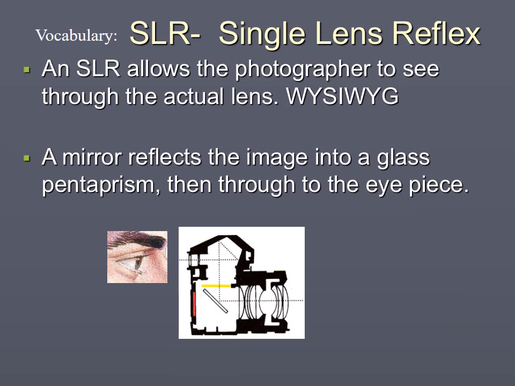So SLR means single lens reflex. When you put up a SLR camera to your eye, you're seeing what you're going to get. It's WYSIWYG. What you see is what you get. There's a system of a mirror and a pentaprism that changes the image that would otherwise be upside down and backwards to right side up and corrected left to right.